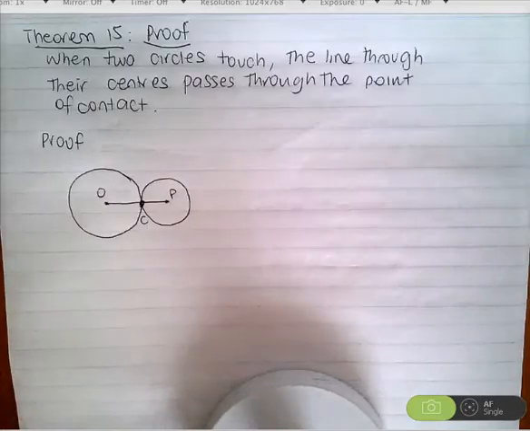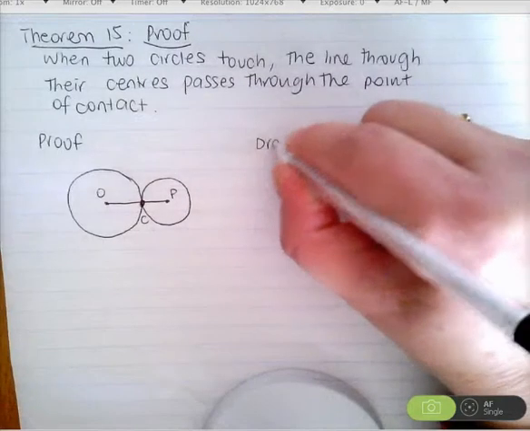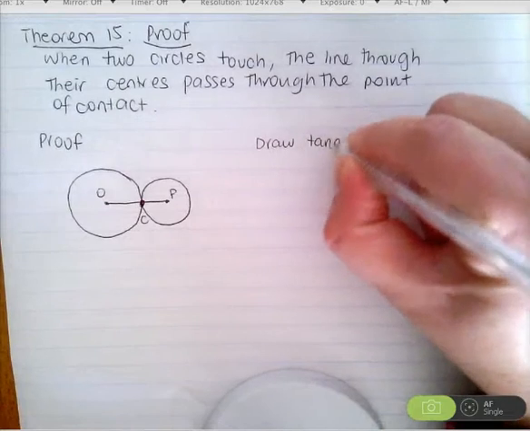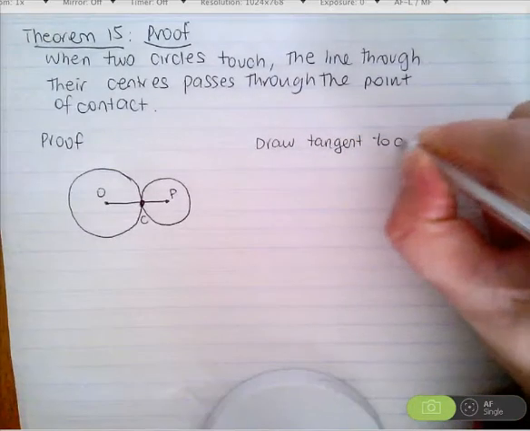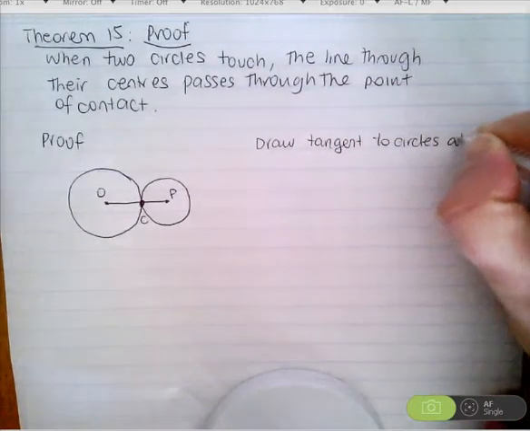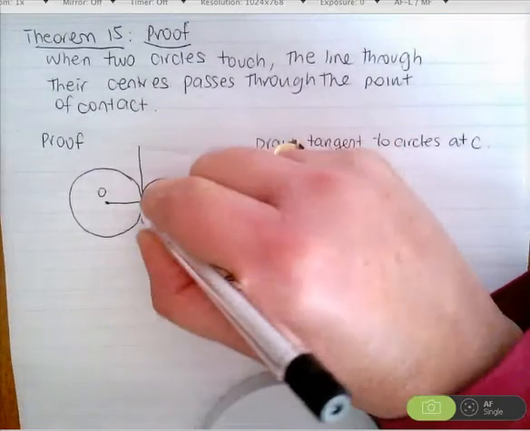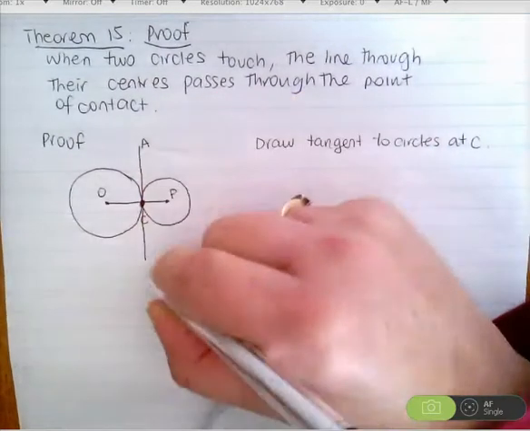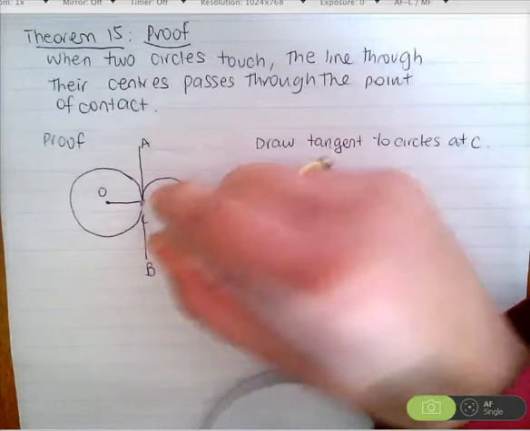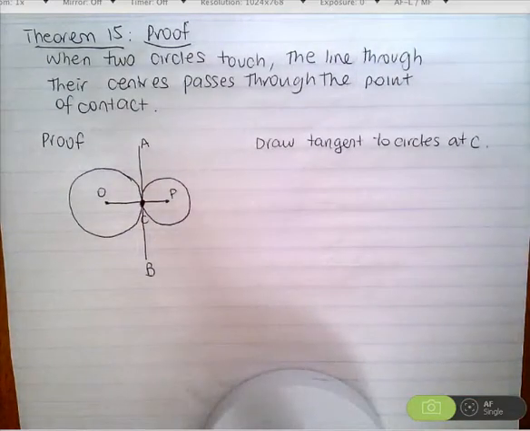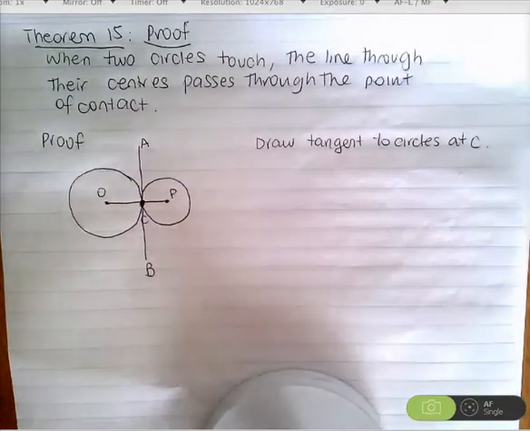Okay, so to prove this, I'm going to draw the tangent to the circles at point C. So remember that C is the point of contact between the two circles, so they do have a common tangent.